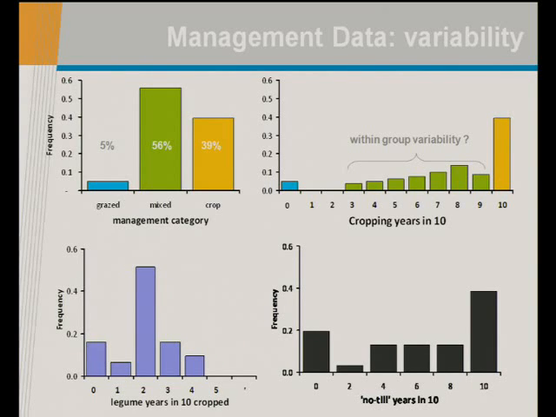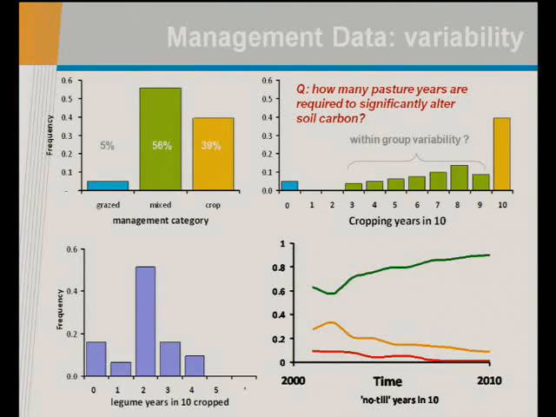We can look at the frequency of incorporation of legume rotations within the management data in the last 10 years, or the frequency or adoption of no-till type practices. And then we can define our questions. We might like to ask how many pasture years are required to significantly alter soil carbon content.